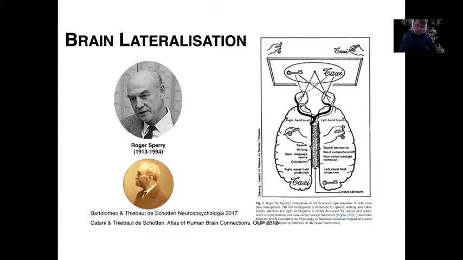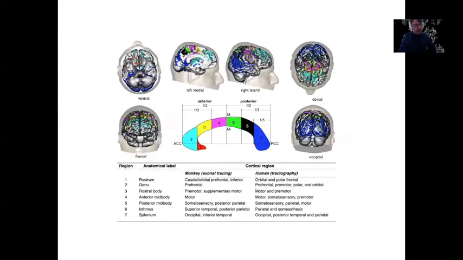Now, the corpus callosum is an interesting structure, and if you look at it from the mid part of the brain, you're going to see it project from posterior to anterior parts.